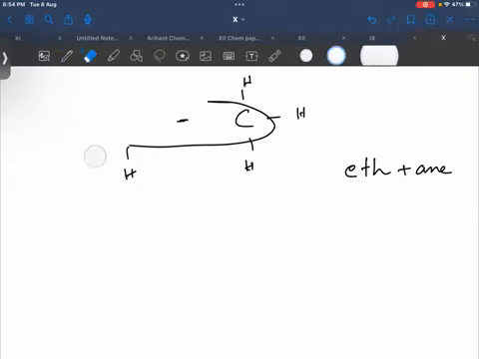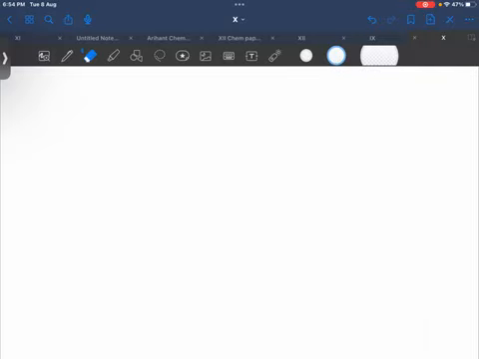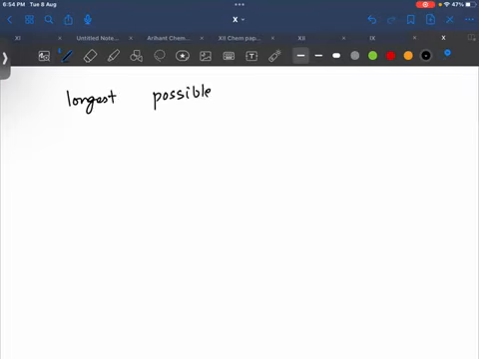अभी और एक चीज ये देखो कि what is a parent chain. ये बता देता हूँ parent chain क्या होता है. Parent chain definition लिखो. Parent chain is the longest possible continuous chain of carbon atoms. ये बहुत important.